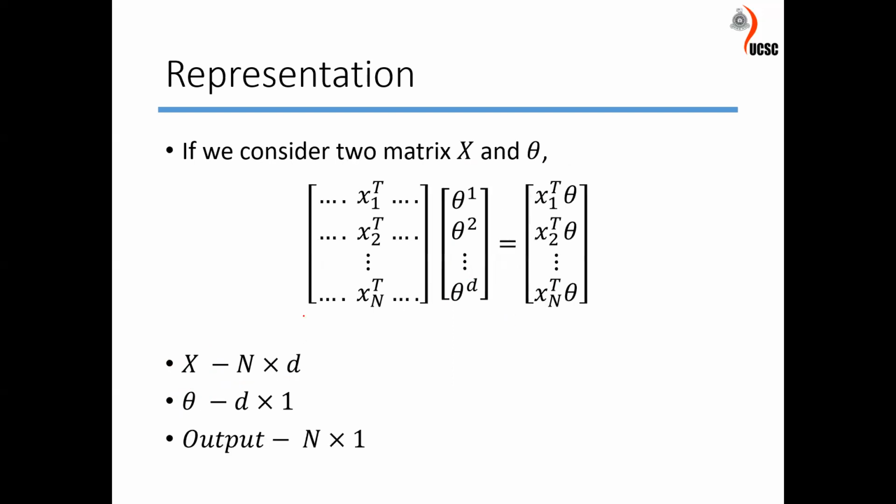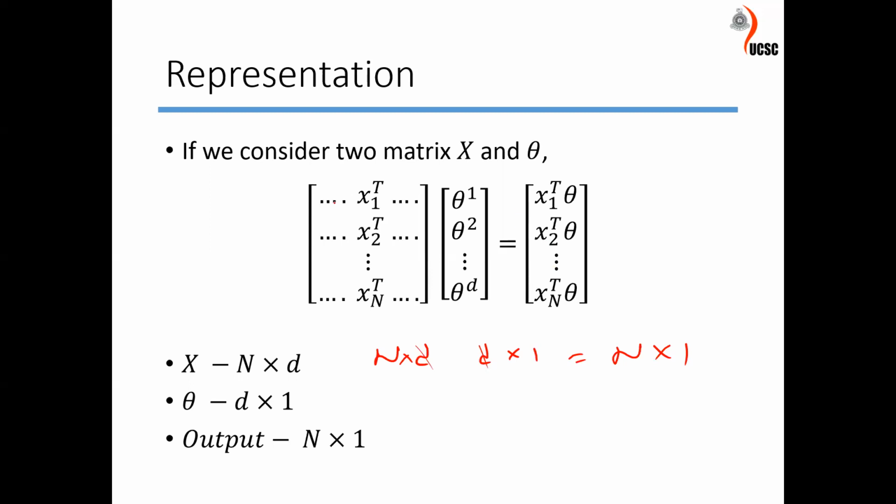If we multiply this, basically it gives n. So this is n multiplied with d1. This is going to remove, and basically it gives n times 1 vector, right?